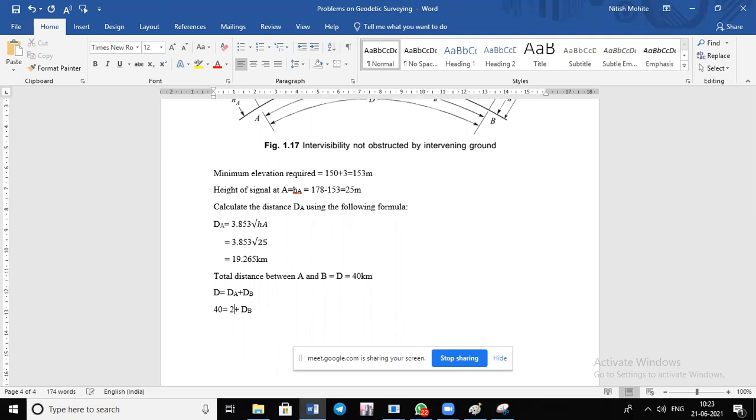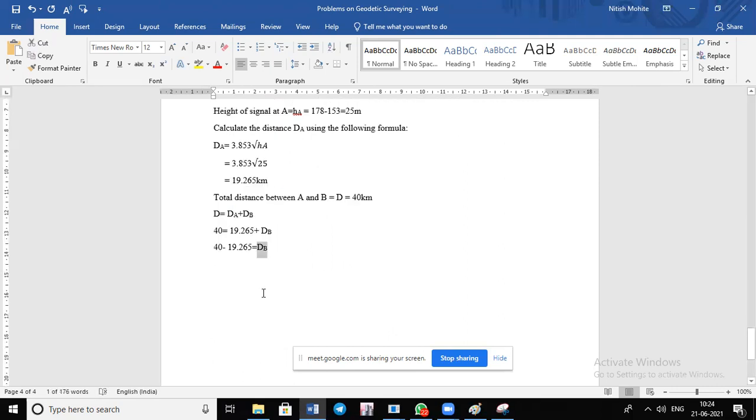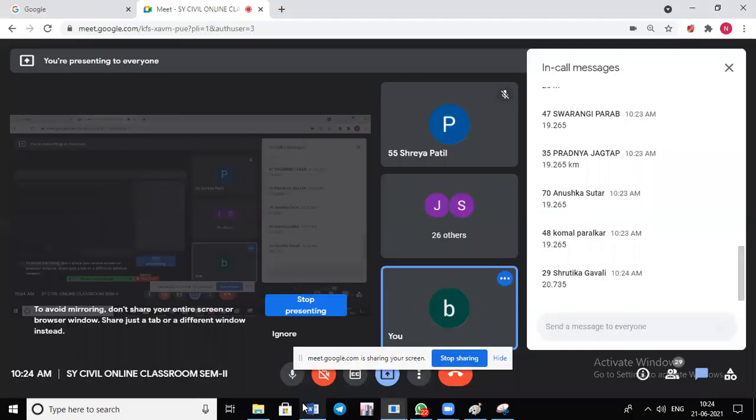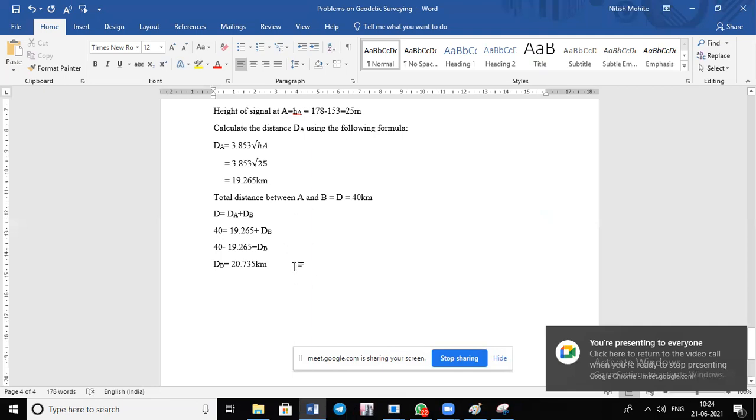So deduct 19.265 from this side, so we can get the value of dB. It comes out to be 20.735 kilometers. So now we are knowing the value of dB.